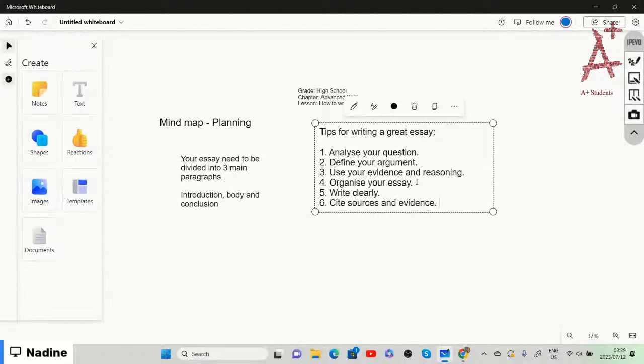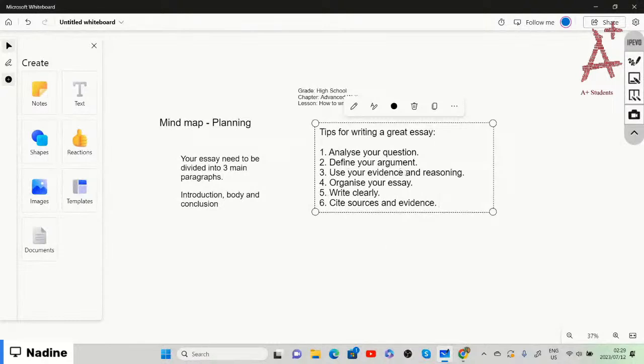And by the third tip, it says use your evidence. Remember, I said that with using your evidence, you get information from a book, from the internet, from newspapers, magazines, wherever you get your information from.